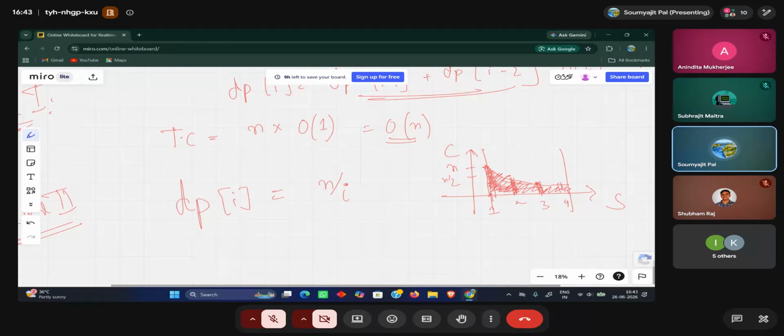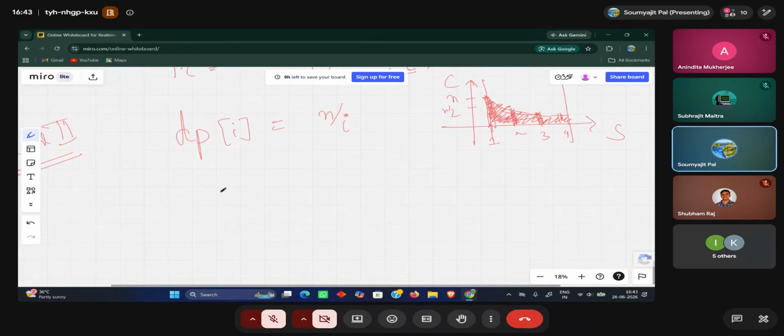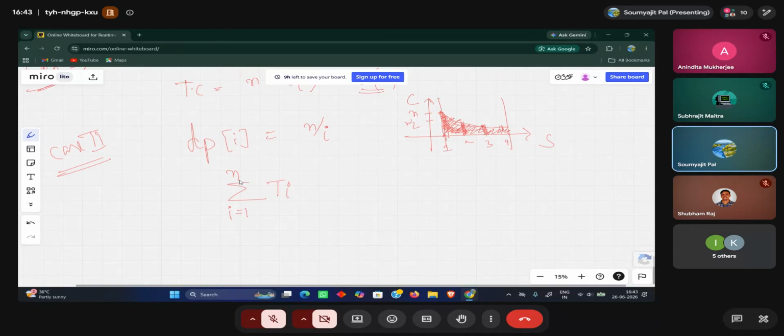Okay, so we can write it as the summation of all transition costs Ti, from i equal to 1 to n. So in this case, it would be n by 1 plus n by 2 plus n by 3 and so on up to n.